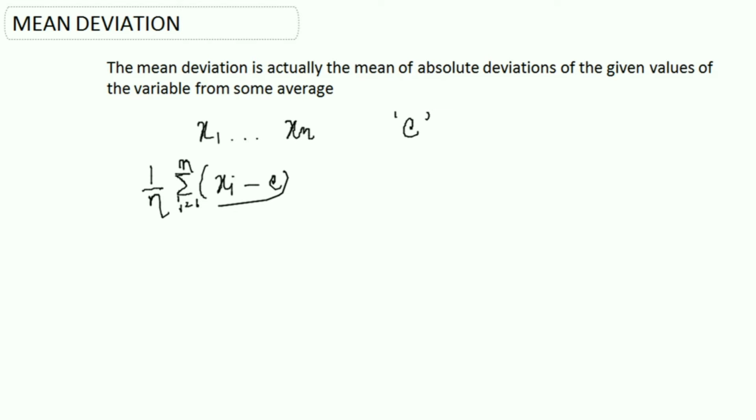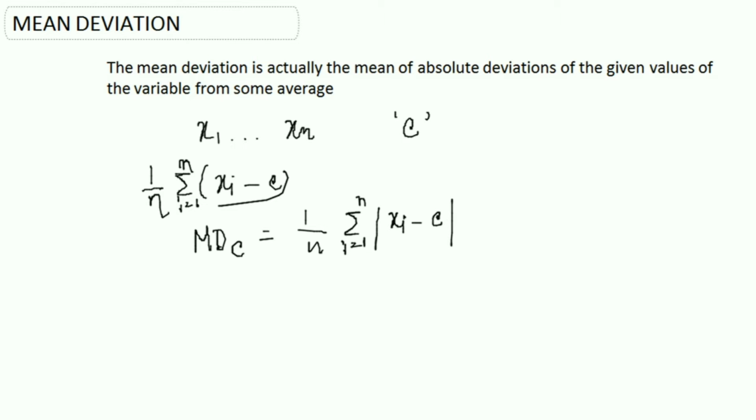So the formula for mean deviation about any chosen average c, denoted by MD suffix c, is equal to 1 by n summation i ranging from 1 to n of mod of xi minus c. So we just take the magnitude of the deviation.